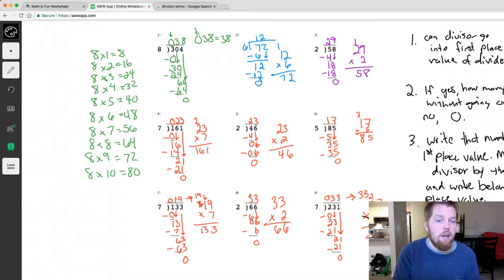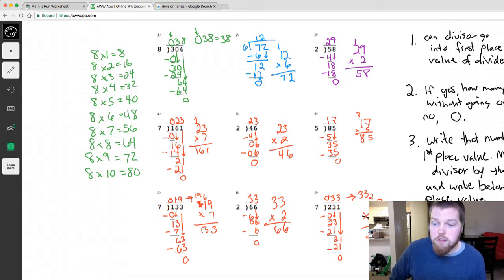So in 304 divided by 8, can 8 go into 3? Can the divisor go into the first place value of the dividend? No, it cannot. If yes, how many times without going over? If no, 0. No, so 0. So what do I do? I write that number above the first place value. I wrote the 0 above the 3.